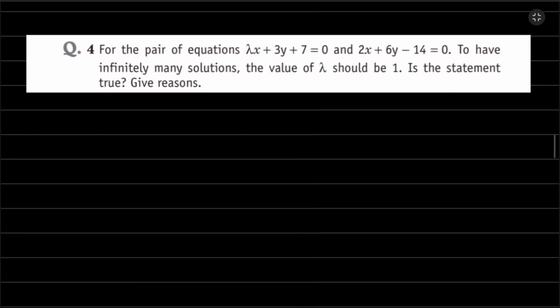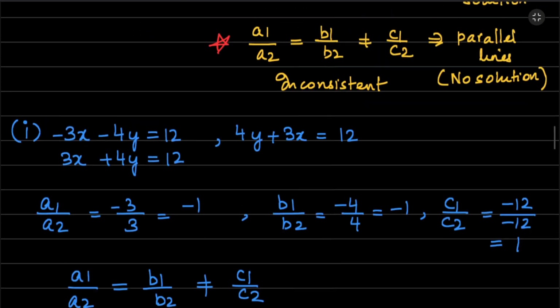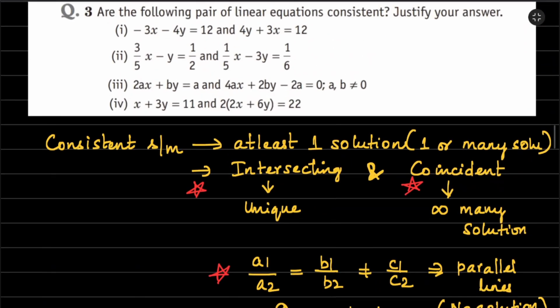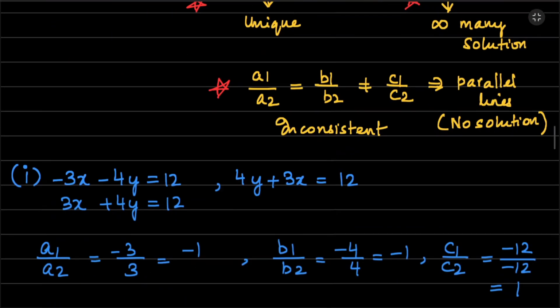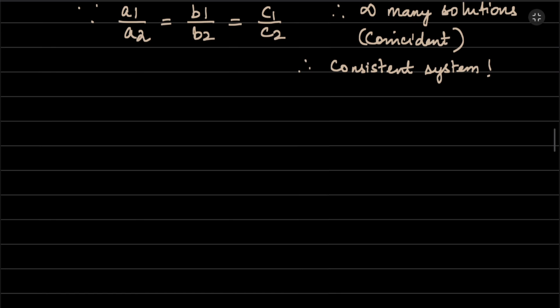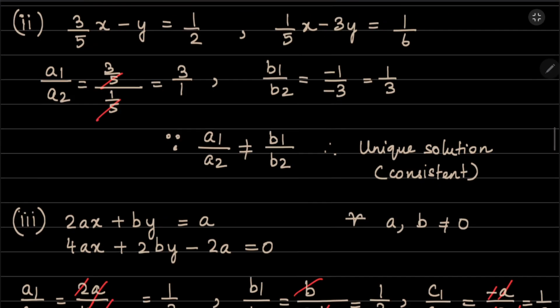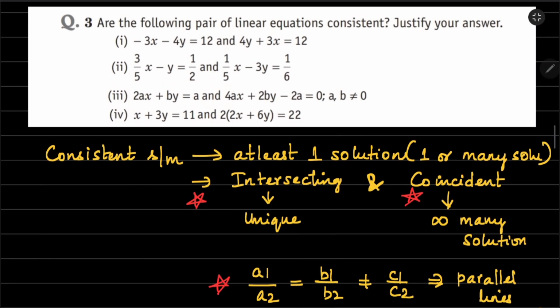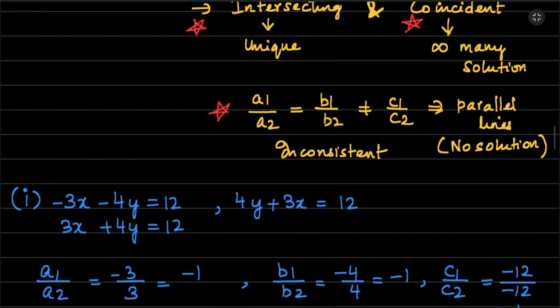Yes, the fourth question. So we have done third. Fourth question: x plus 3y equal to 11, and the other system is 2 multiplied by 2x plus 6y equal to 22.